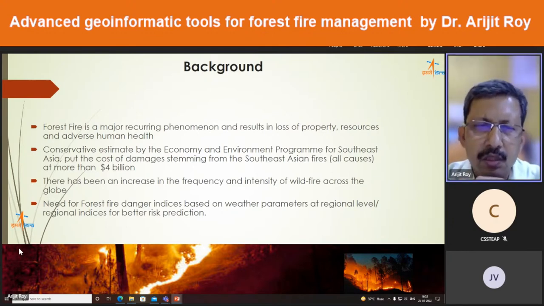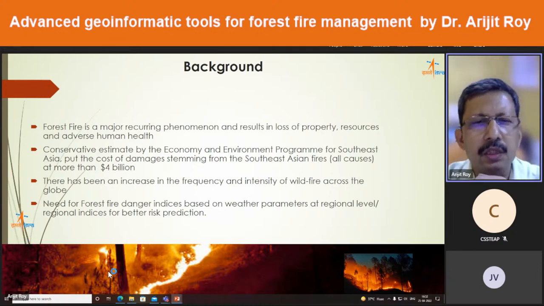And if we see the past data on forest fire frequency, there has been a significant increase in the frequency and intensity of wildfires or forest fires across the globe.